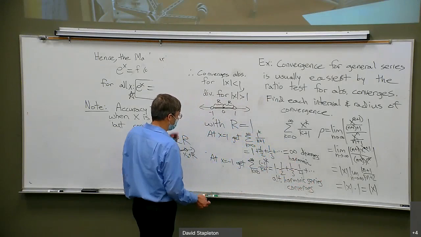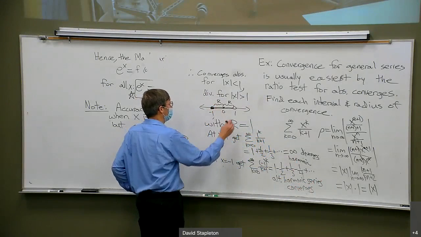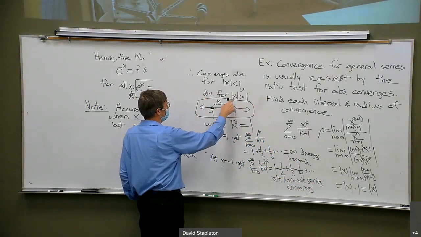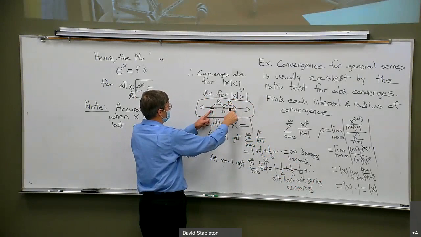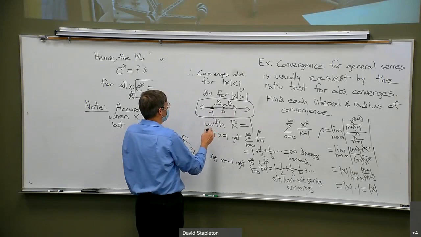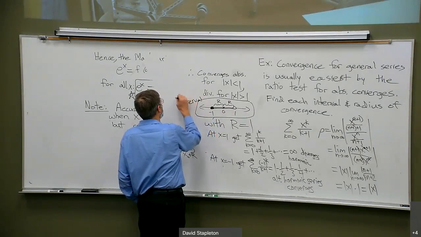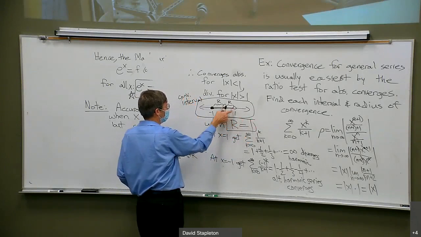So if you put the interval of convergence, you include the point minus 1 this time, we'll fill in the bubble. And so here's the interval, because we first checked by the absolute convergence test that this is the interval, minus 1 to 1, except for the endpoints we don't know. And then we check the endpoints separately, and we fill in the one where it converges, leave open the one where it doesn't. And so this is the interval of convergence. And this is the radius of convergence, this is the half width of the interval.